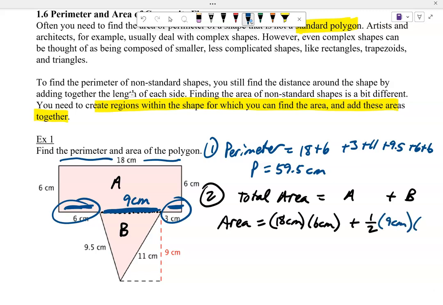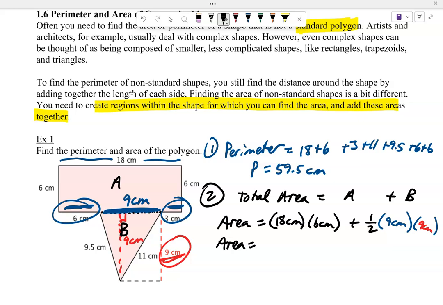And now what's the height of the triangle? Notice it shows us the height there. It's giving us that 9 centimeters right there. The height of that triangle is 9 centimeters as well. All right, so let's go ahead and punch it all in now.